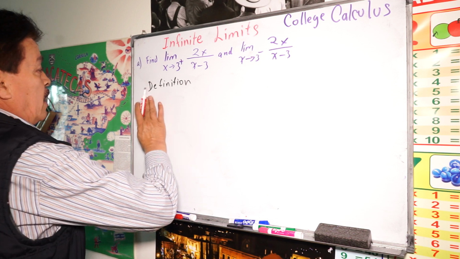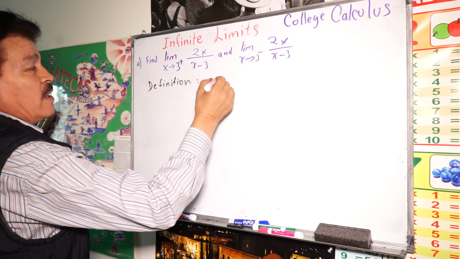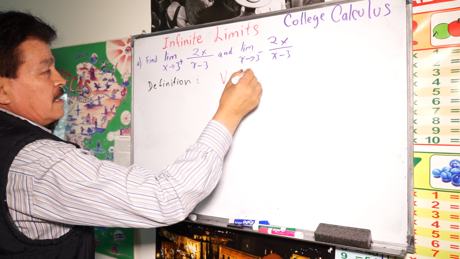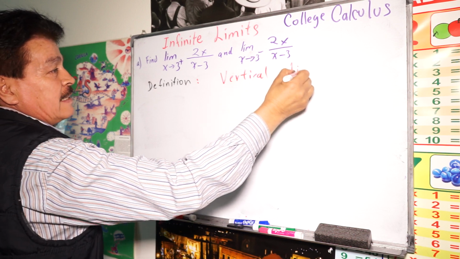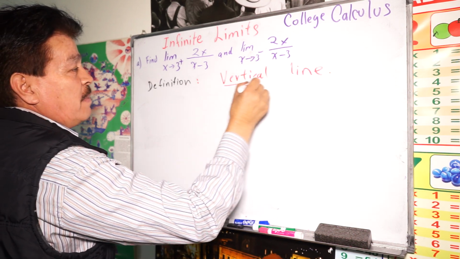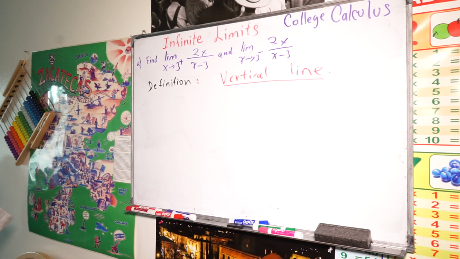In this definition, we are talking about the vertical line. Let me show you four different ways of the vertical lines.